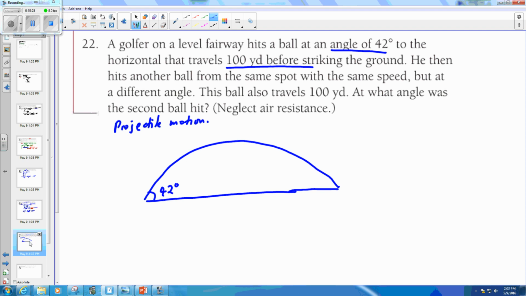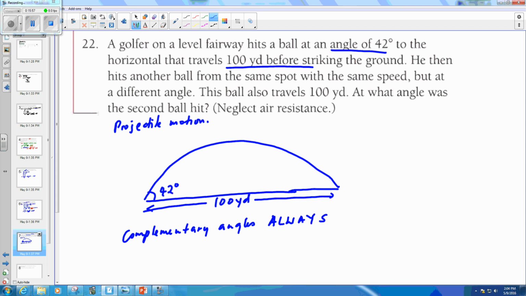And so the question is, what other angle can he fire this ball so that it lands at the same position? Remember what we said? Complementary angles will always give the same range. Range there is that horizontal distance.